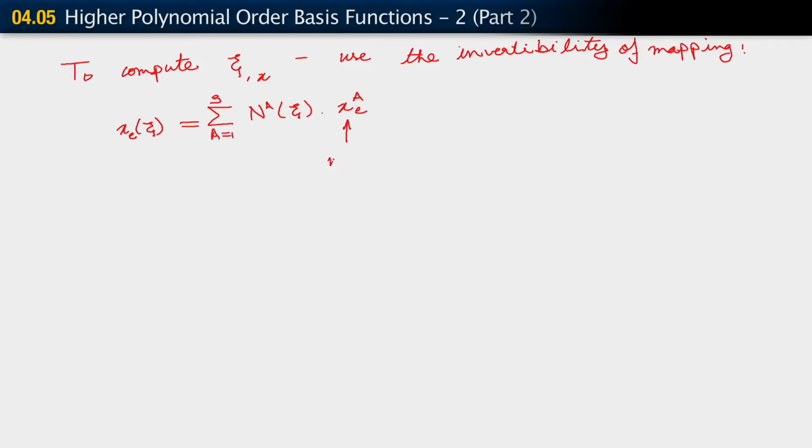They are our nodal coordinates in the physical domain or physical space. And this is the isoparametric mapping, isoparametric because we are using the same parametrization for the trial solution and weighting function as well as for the geometry.